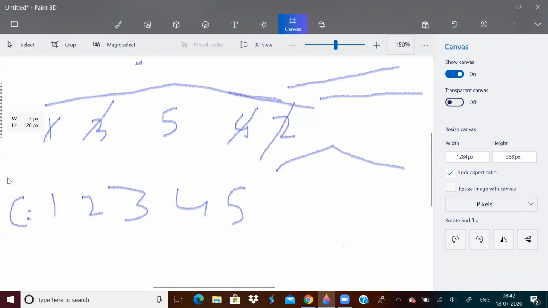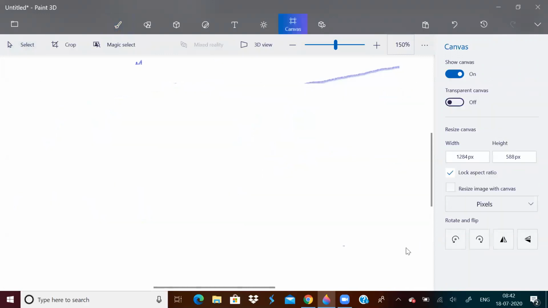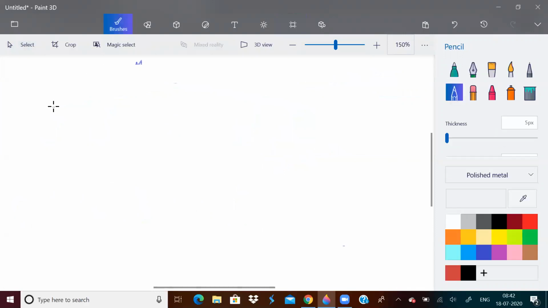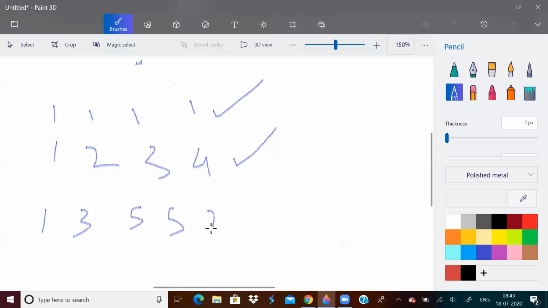That means what I'm trying to say is, if the array is 1, 1, 1, 1, yes, it is already a good array. If the array is 1, 2, 3, 4, yes, again it is a good array. It is strictly increasing, and this is constant. If the array is 1, 3, 5, 5, 2, then also it is correct.